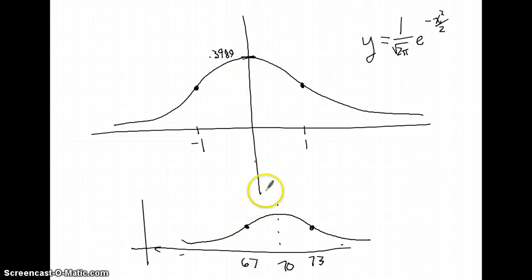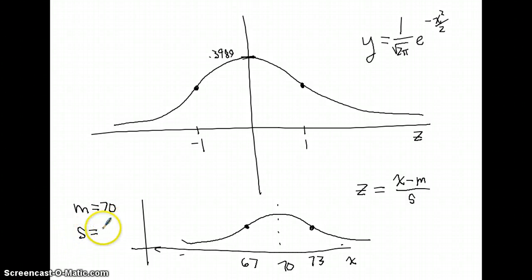If I want to change this graph into this graph, and see here they call this the x-axis and they call this the z-axis, I let z equal (x minus m) over s, where here the mean was 70 and the standard deviation of x, they use s now instead of sigma, was 3.